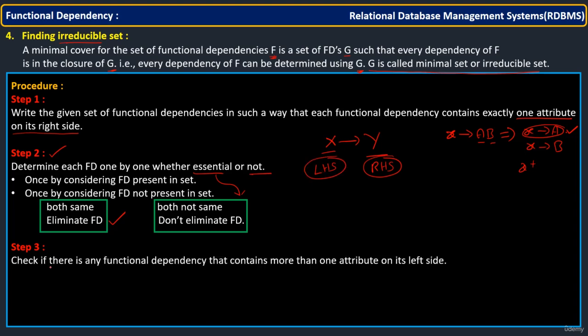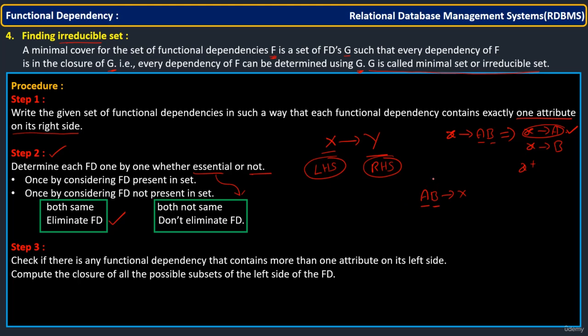So check if there is any functional dependency that contains more than one attribute on its left side, for example AB deriving X. Just the opposite of step 2, we are doing step 3. You can see what he told: contains more than one attribute. Yes, you have more than one attribute on the LHS side. So at that time, what do we have to do?